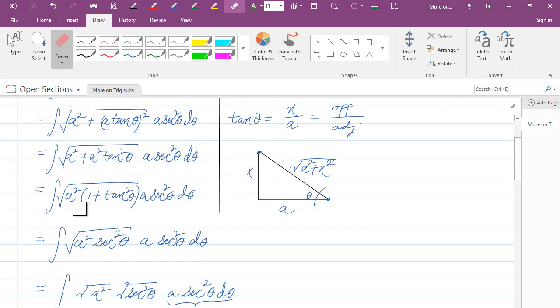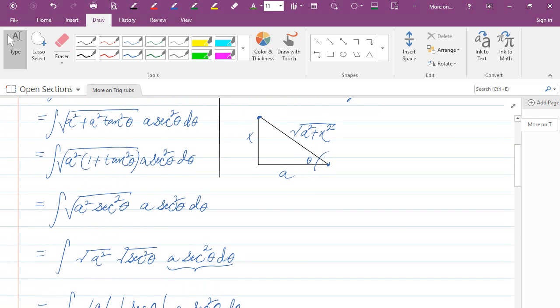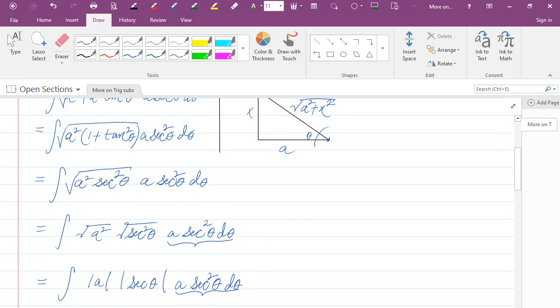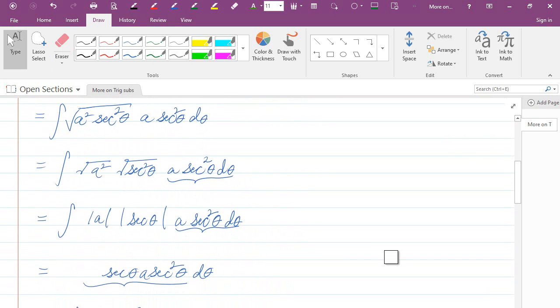Now the 1 plus tangent squared of theta, that's the same as secant squared of theta, and so we get root of a squared times secant squared of theta, and finally we get root of a squared times root of secant squared of theta times a secant squared of theta d theta. Now root of a squared is just the absolute value of a. Root of secant squared of theta would be the absolute value of secant of theta.